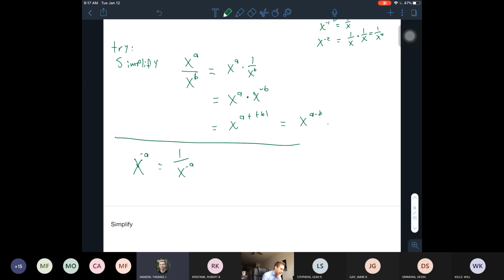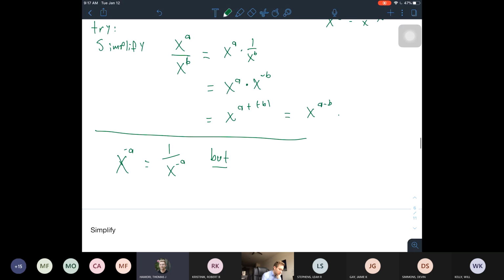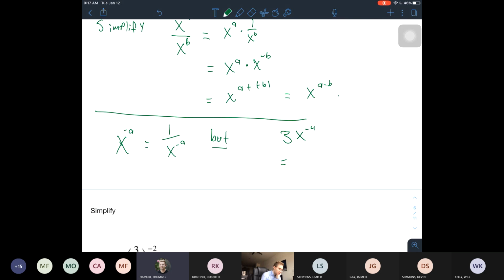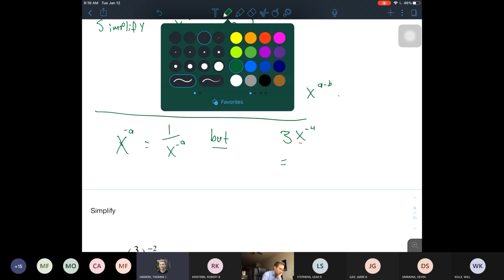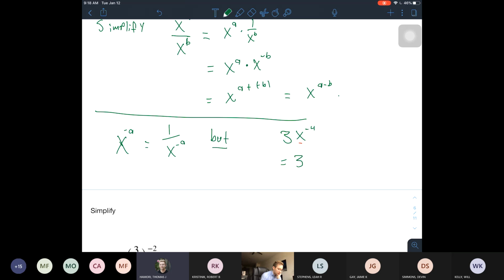However, if we had something like 3x to the negative 4, we only know how to translate this part of the equation. So the way we would write this is we would keep the 3, and then we would rewrite x to the negative 4 as being on the other side of this multiply sign as 1 over x to the 4th. And in this case, we would get 3 divided by x to the 4th.